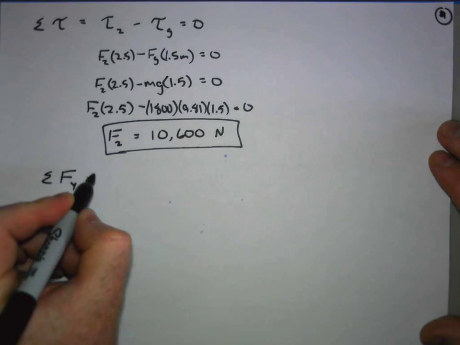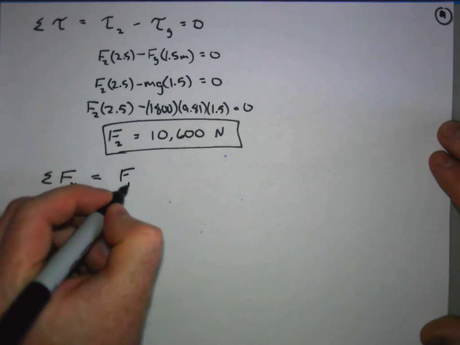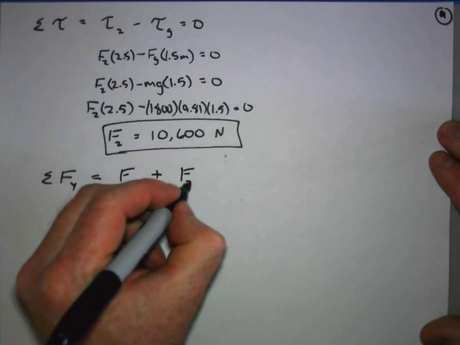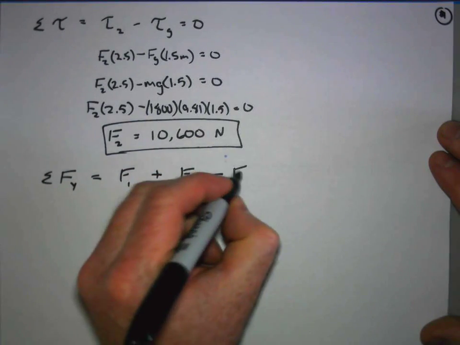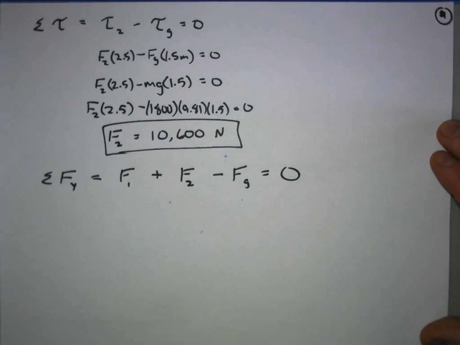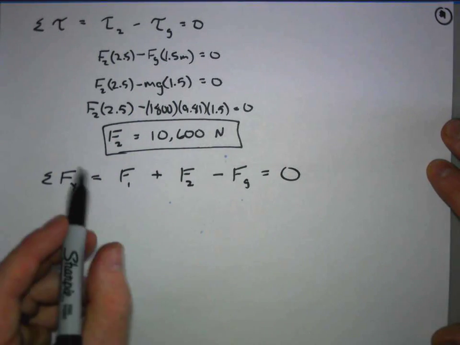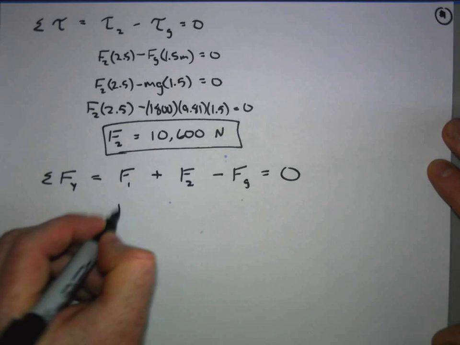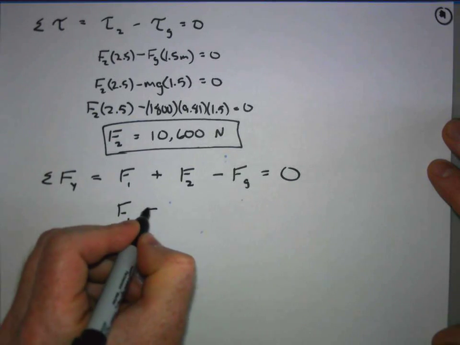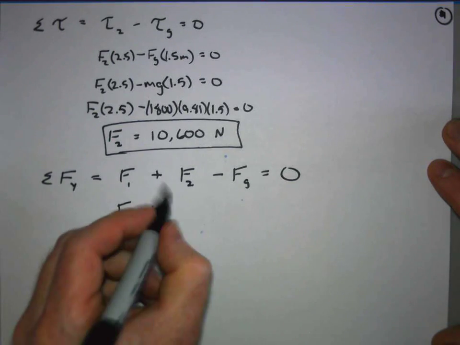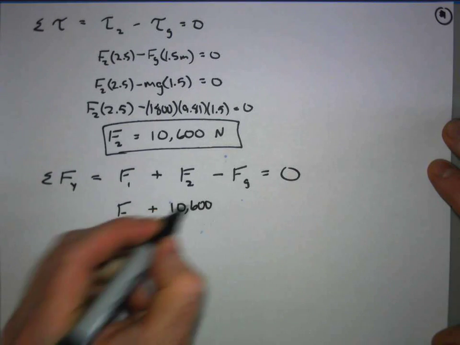Sum of forces in the y is F1 plus F2 minus mg, and that should be 0. And so, force 1 is an unknown. Force 2 I just found: 10,600 newtons.